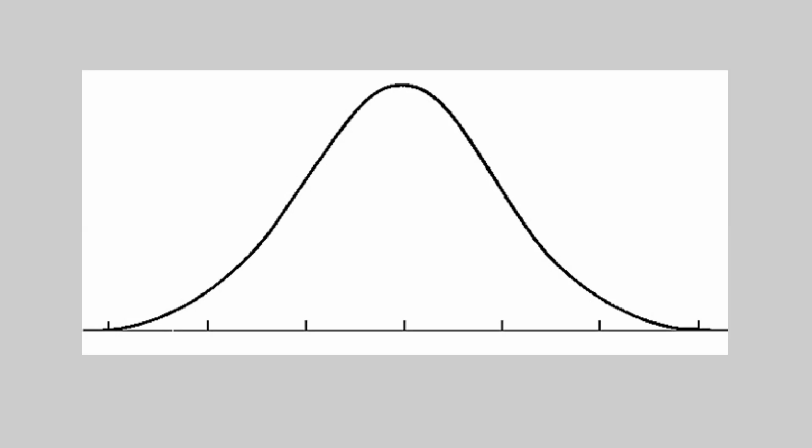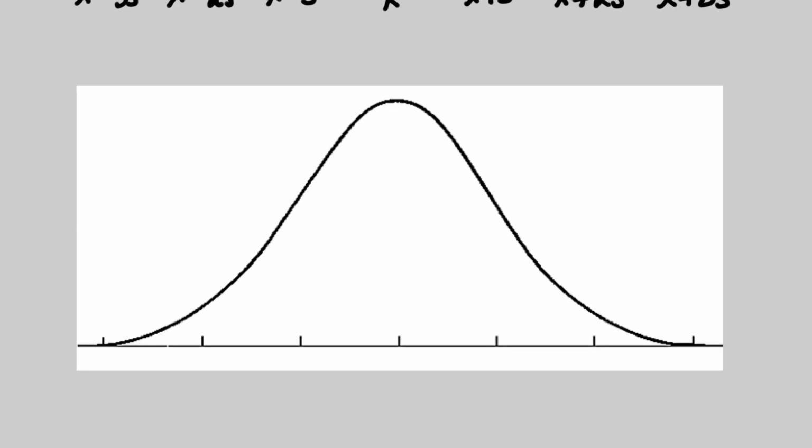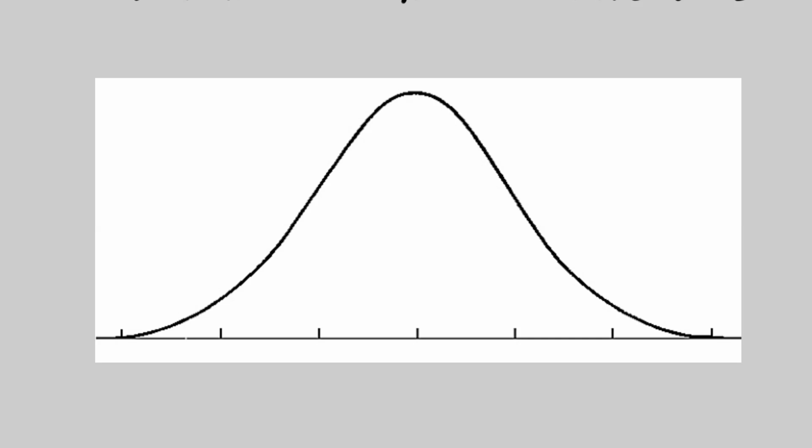In the middle is our mean, or 0 standard deviations away from the mean. So if we were to look at this table, we would say the middle would be 0. And the farther we go out, or increase our standard deviations, we would add 1 standard deviation, or subtract 1. We would add 2, or subtract 2. We would add 3 or subtract 3.